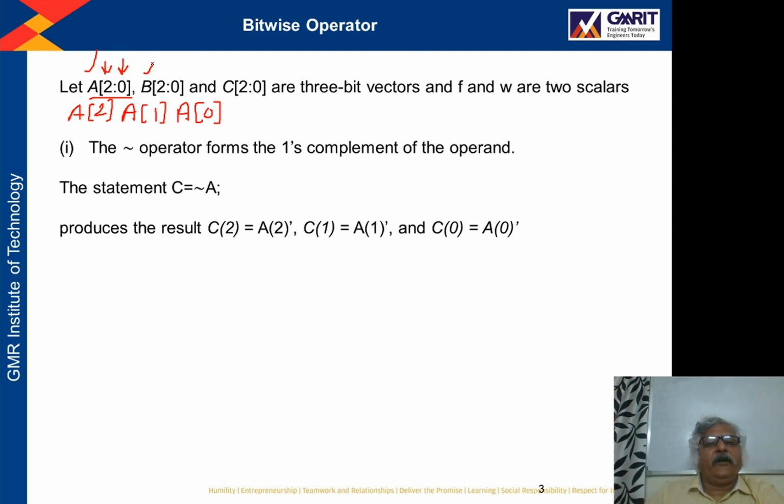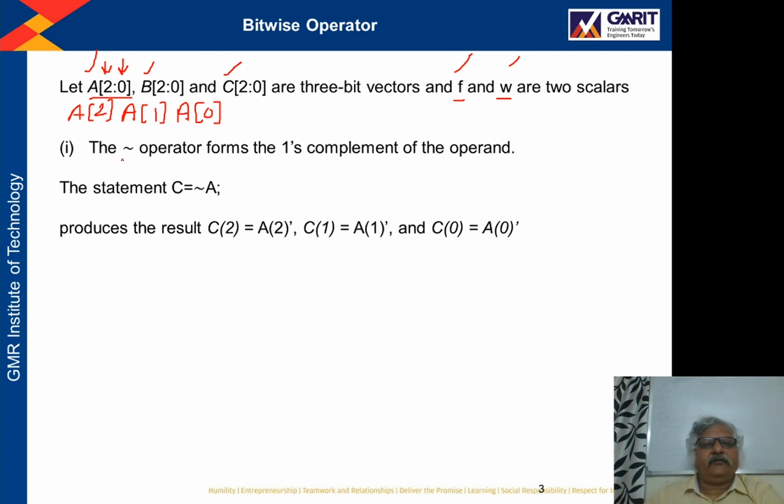Another operand is B, again a vector type of three elements, and another operand is C, which is again a vector type with three elements. We will also take two scalar types, F and W. Scalar type means these are bit type. To discuss the operation of the various operators, we will use these operands.